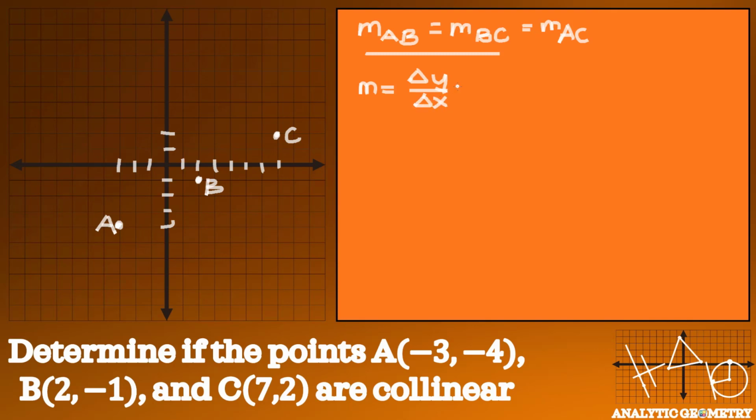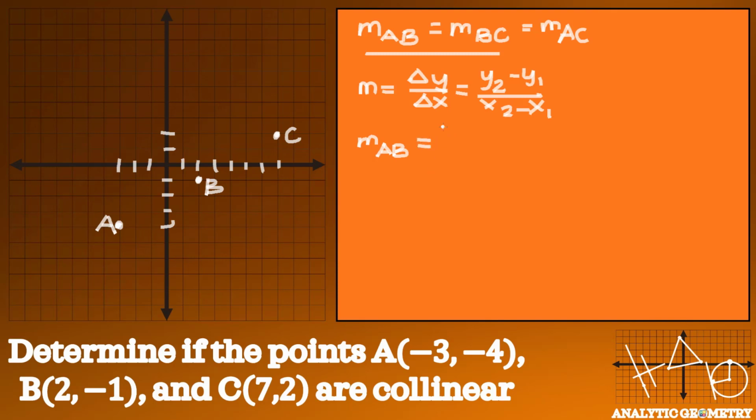We know that the slope is equal to the change in y over the change in x. Or algebraically, this is computed as the difference of y sub 2 and y sub 1 over x sub 2 and x sub 1. So we simply pick the points and identify which is your first point and second point. For the slope connecting the points A and B, let's consider A as our first point and B as our second point.